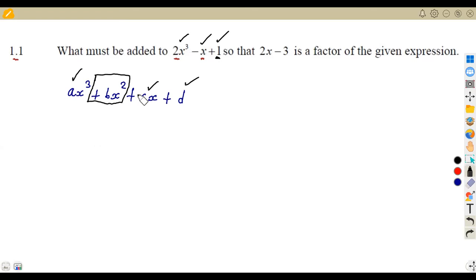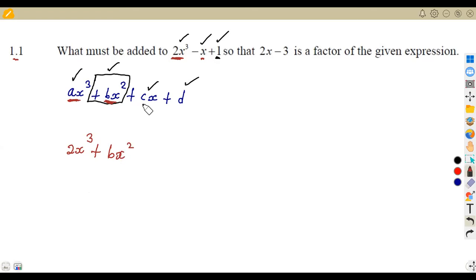So as we need this part here, we can have it as an expression now. Since we have this part of 2x cubed, this is our ax cubed. But we do not have this part of bx squared, so we are going to write it as plus bx squared.